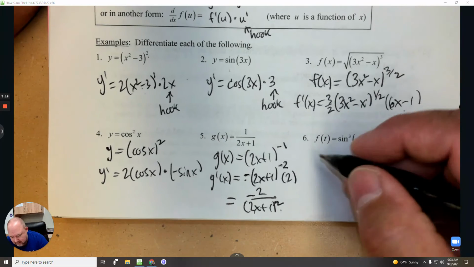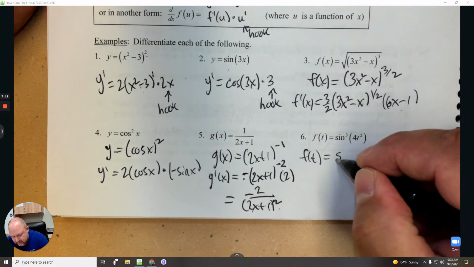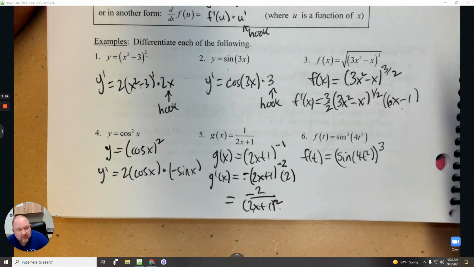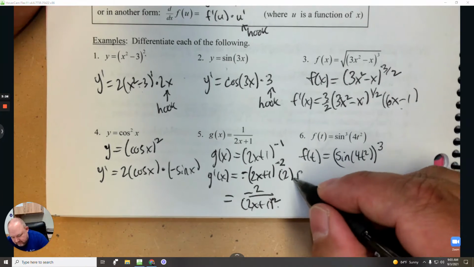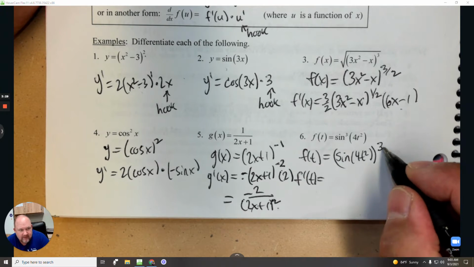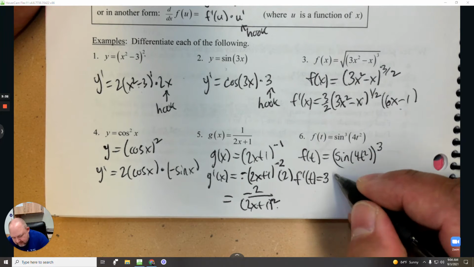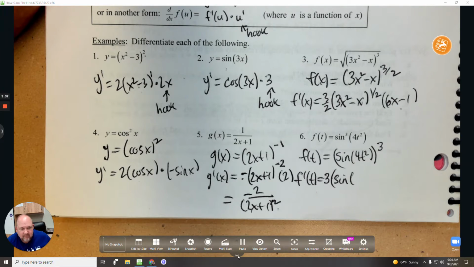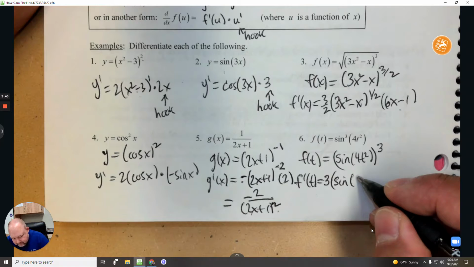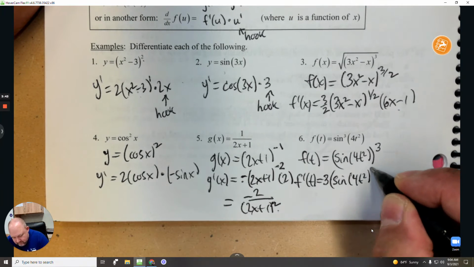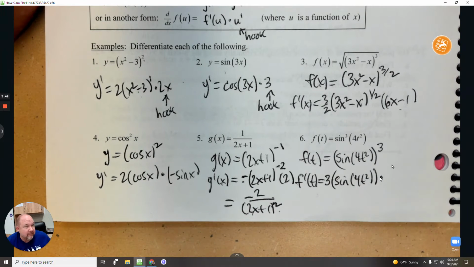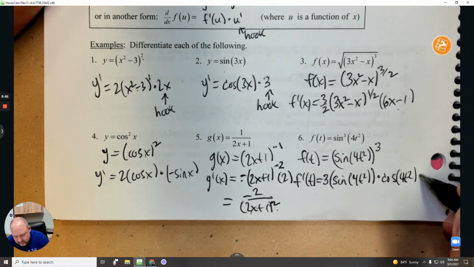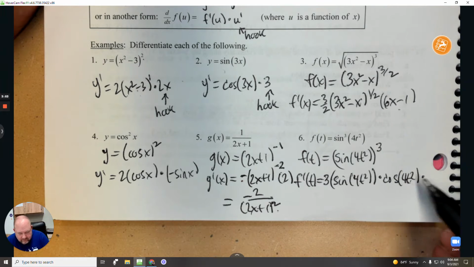6, again, when it's trigonometry, I think it's helpful to rewrite this. So this is sine 4t squared all to the exponent 3. And so this is going to have a double hook. So 3 times 1 in front is 3, and then write down sine 4t squared times the derivative of sine is cosine, so we write down cosine, again 4t squared, and then the derivative of 4t squared is 8t.